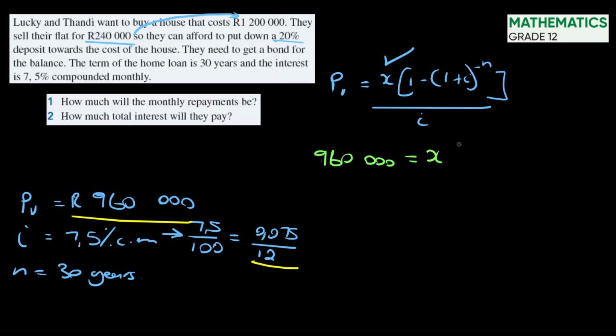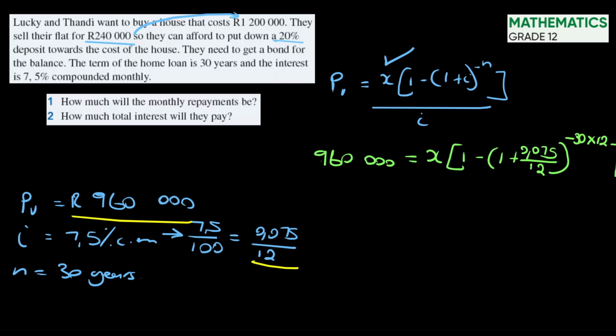We're looking for the monthly installments: 1 minus (1 plus our interest, 0.075, which is important, since it's compounded monthly we divide it by 12) to the power of minus the duration. They said it's 30 years, but we multiply this 30 by 12 because we want to convert the 30 years into months, since it's compounded monthly.